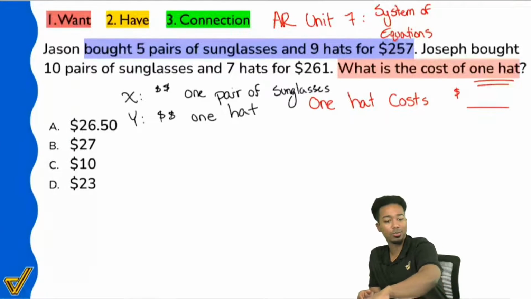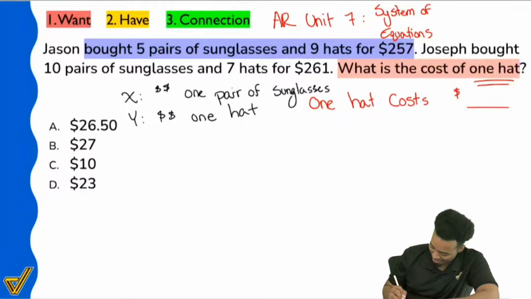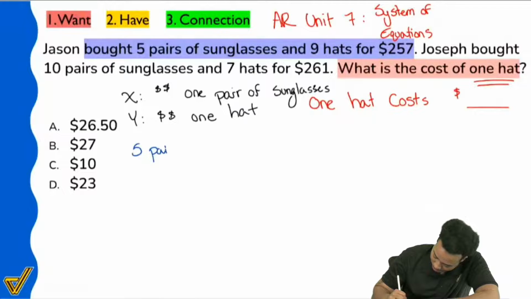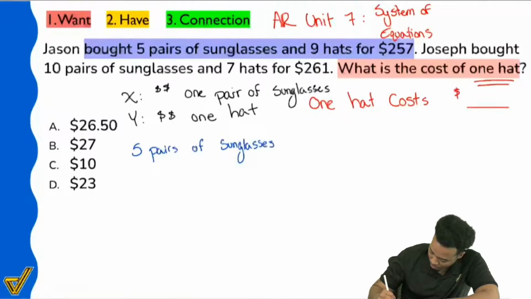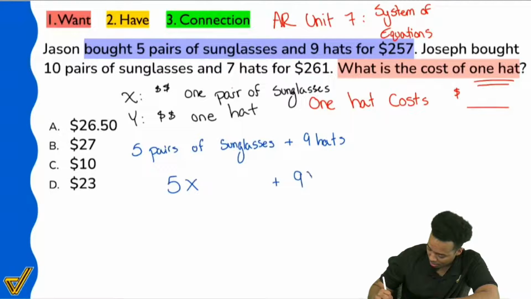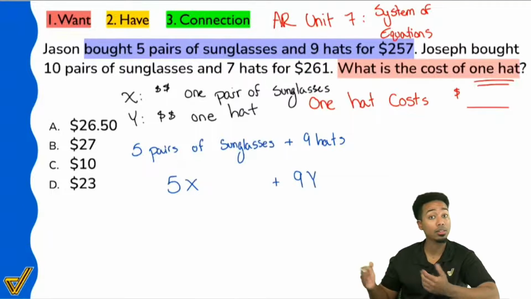Yeah. So let's write that down right here. 5 pairs of sunglasses, that's going to be 5X. When we say 9 hats, well, that's going to be 9Y, because that would be 9 hats.